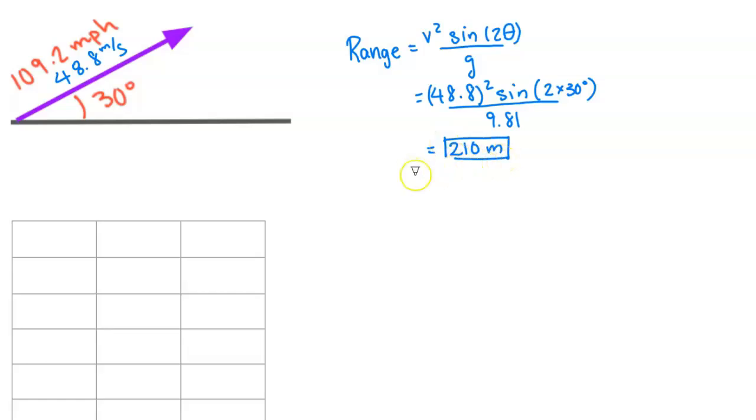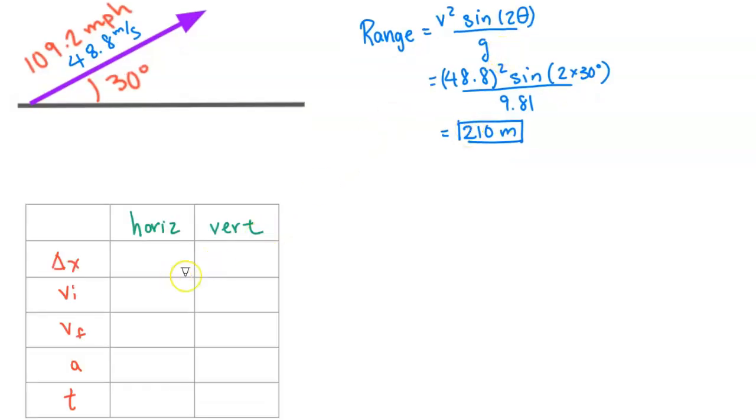Next, we're going to calculate the flight time. To do that, I'm going to use my chart to keep track of my data. All right, so I know that the horizontal component of this hit is going to be a cosine because it's adjacent, so it's going to be 48.8 cosine 30.